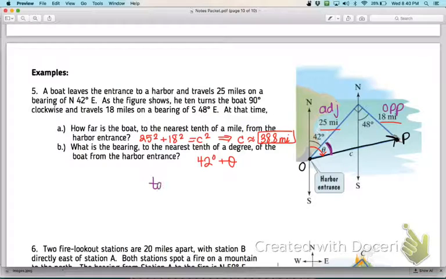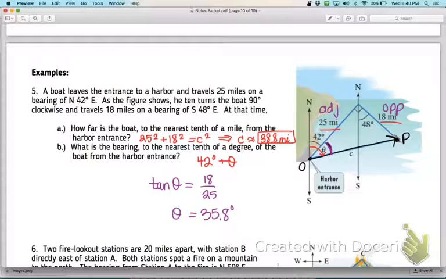So we know that the tangent of theta is going to be equal to 18 over 25. And then we can do the inverse on both sides to get that theta is equal to the tangent inverse of 18 divided by 25. Once again, make sure you're in degrees. So we get an angle of, it says to the nearest tenth of a degree, so that's going to be 35.8 degrees for theta.